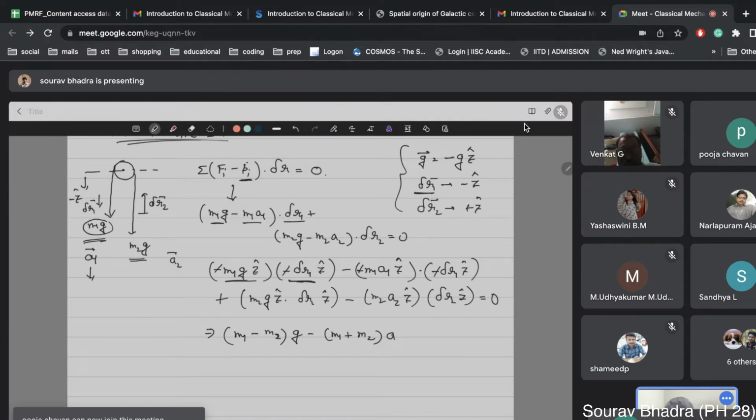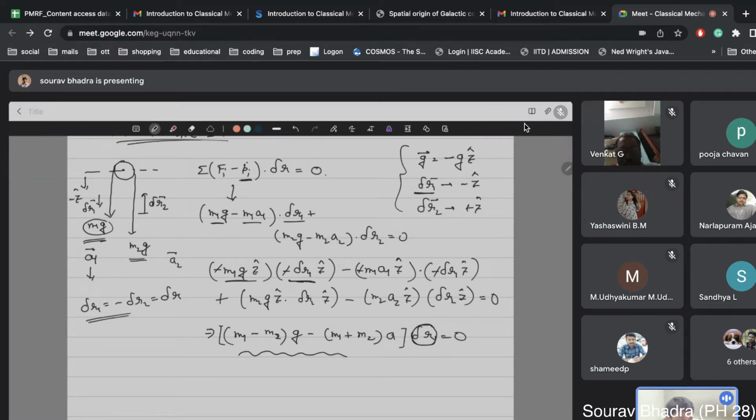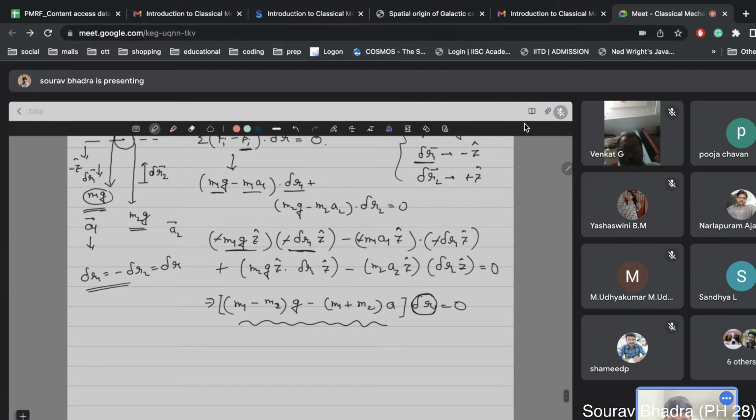And as this string is also incompressible, delta r1 will be minus of delta r2, which you can write as delta r also. So whatever, delta r is equal to 0, and as this is an arbitrary delta r, that is not equal to 0, that means the term in the bracket is 0, so that will be a.